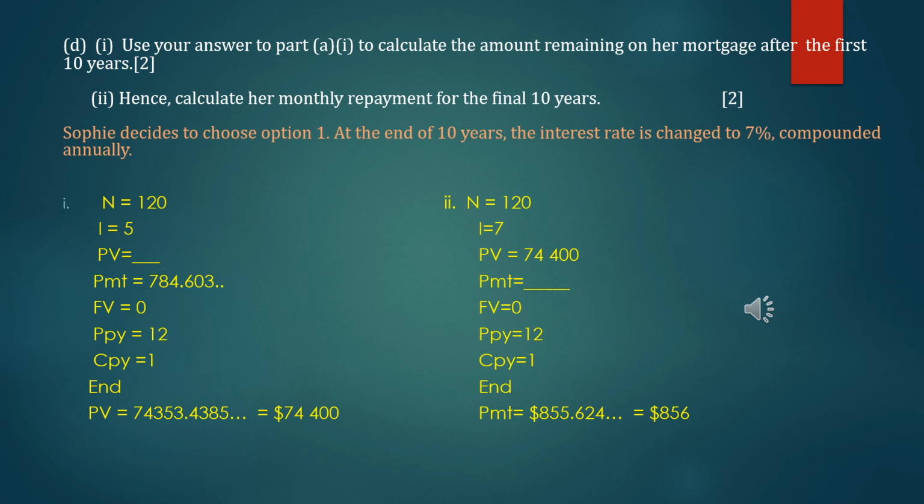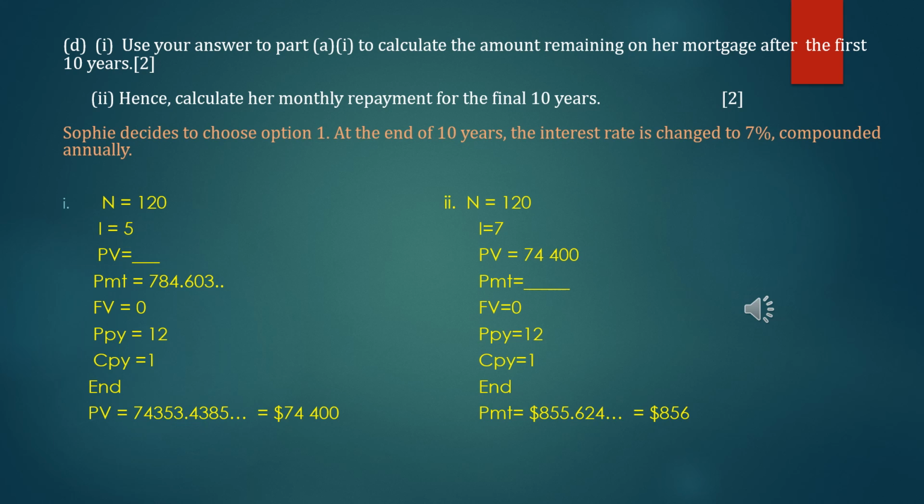Question letter B, hence calculate her monthly repayment for the final 10 years. Hence would mean using your previous answer, which is 74,400. So there are still 120 months to pay. Where do we get I equals 7?